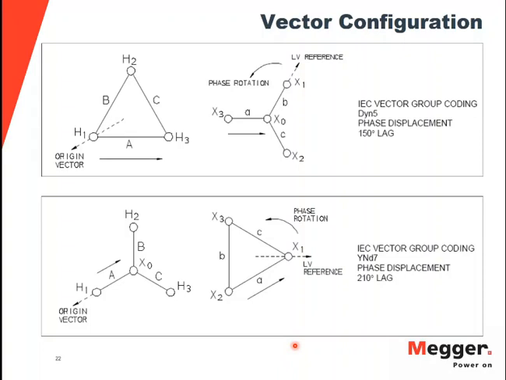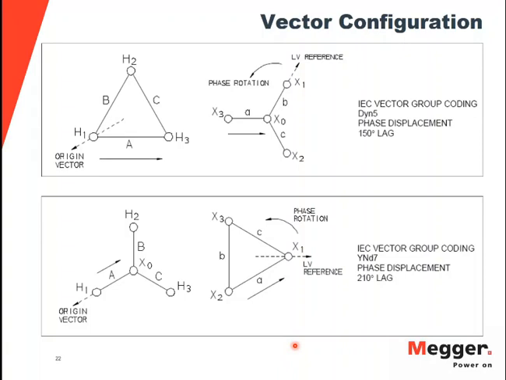So, kind of going back to Dinesh's point about the DLRO and everything, this is once again kind of a safety issue here. And of course, if you had an open circuit during normal transformer operation, it'd be detrimental to the transformer and the tap changer there.